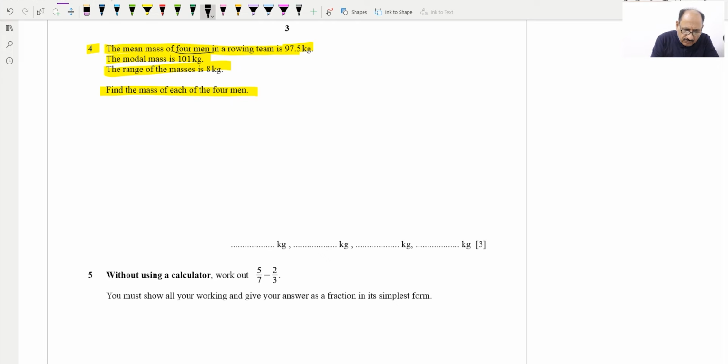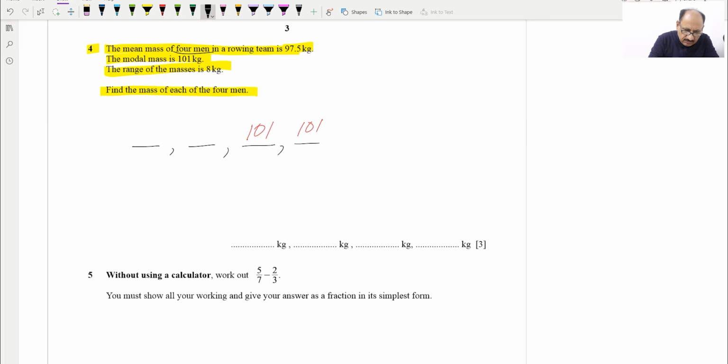So what we will be doing, we will be taking 4 places, 1, 2, 3 and 4, and they are saying that the mean is 97.5 and the range is 8, and the modal class is 101. Modal class means repeating, so 101, 101 we can take 2 times. The range is 8, so 101 minus 8 will be 93.